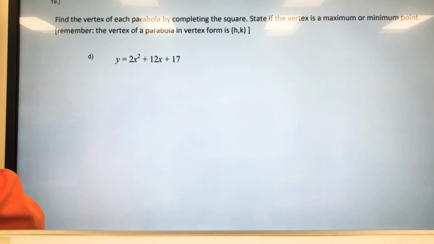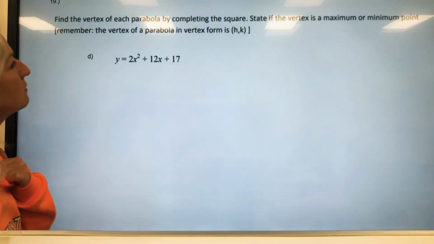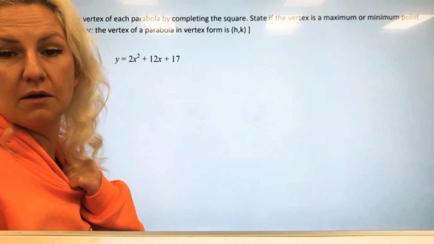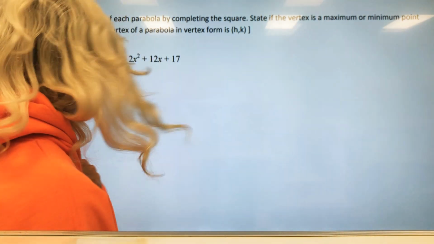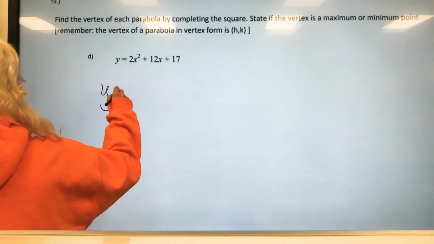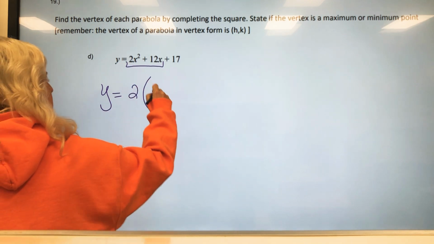Remember, the vertex of the parabola is in the form (h, k), right? So we're going to complete the square and put it into vertex form, and then find the vertex and state if it's a minimum or maximum point, which you should already know just by looking at this. So remember, we are going to factor out the 2.